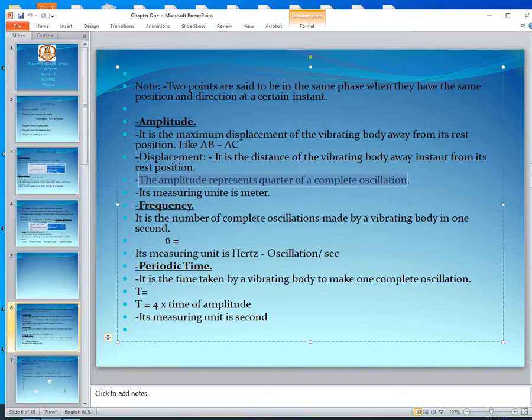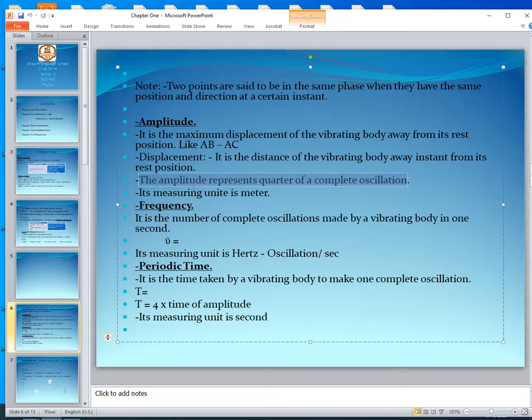What about its time? The time of a complete oscillation equals 4 times the time of an amplitude. So the time of the amplitude equals 1/4 the time of a complete oscillation.